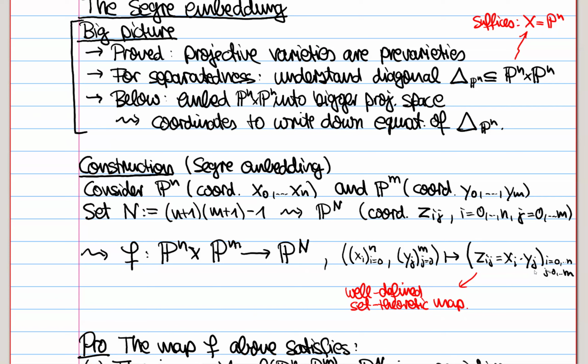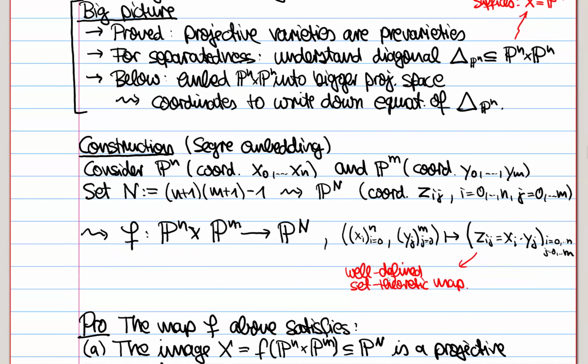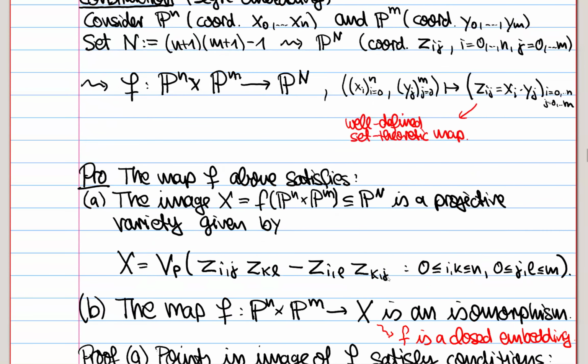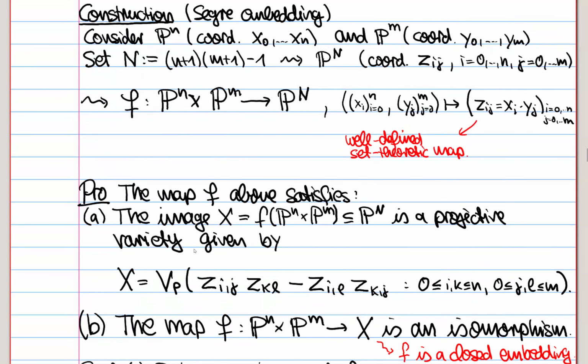And the first small observation is that this is a well-defined map. If we choose a different representative, we scale, for example, the x_i by some lambda, then all the z_ij are also scaled by the same lambda, and so we get the same point in P^N, and similarly for y.